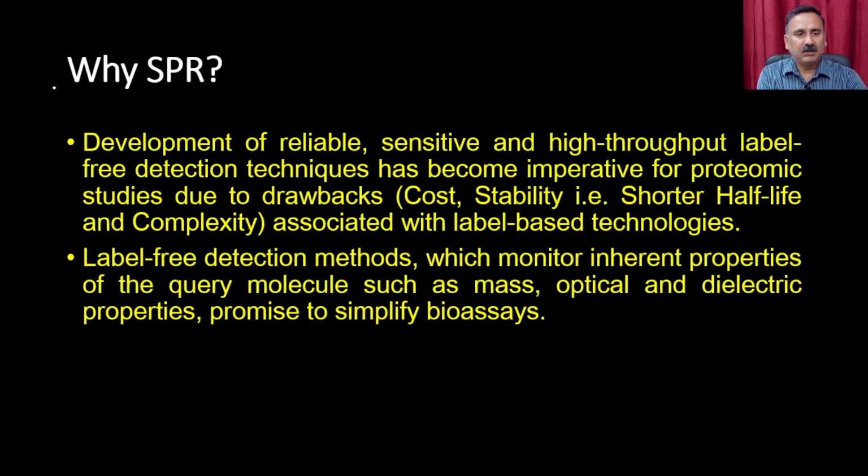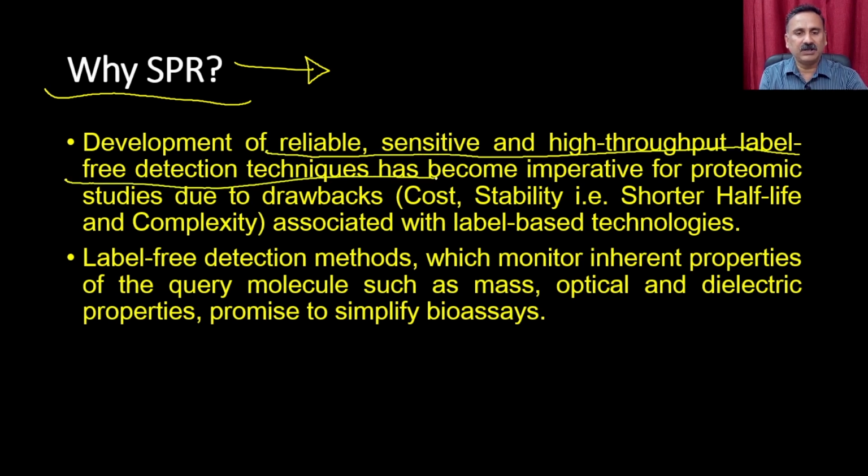But the question is, why do we need SPR? We need SPR for many reasons. One is that we have to develop a reliable, sensitive, and high-throughput label-free detection technique.